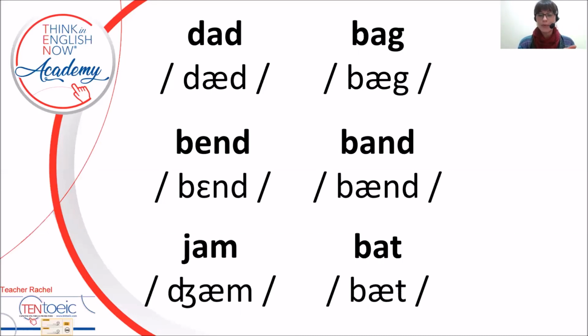I like strawberry jam on my bread. Bat. One definition is an animal that comes out at night and it flies and it's black. A bat. They live outside at night. Or it is a baseball bat. Something we use to hit.